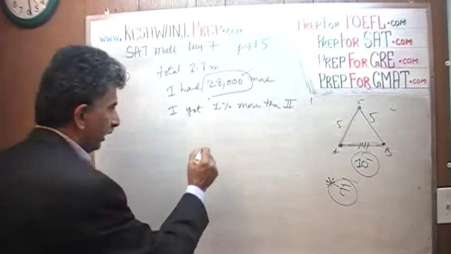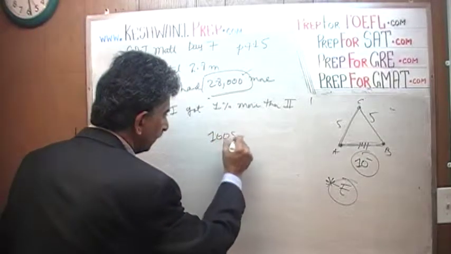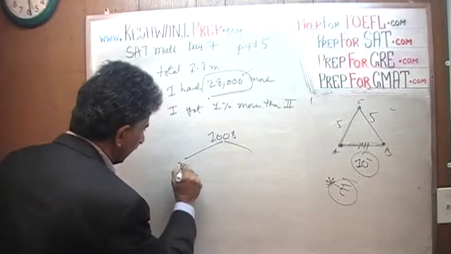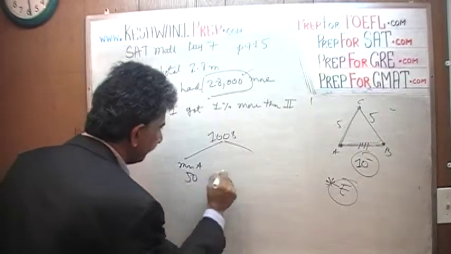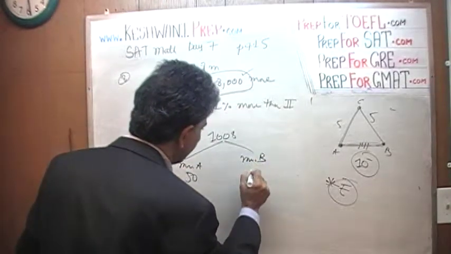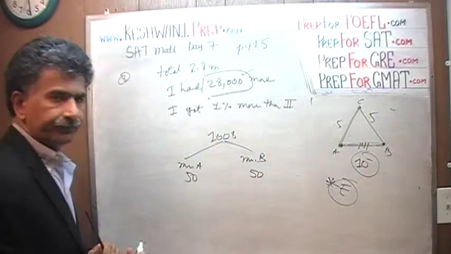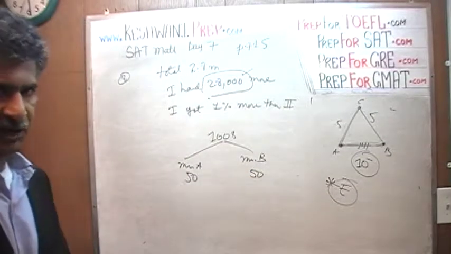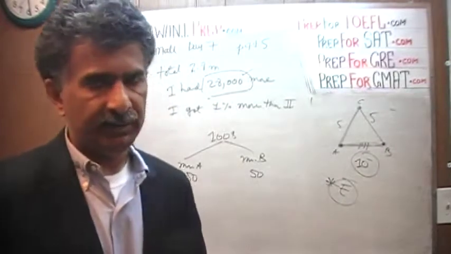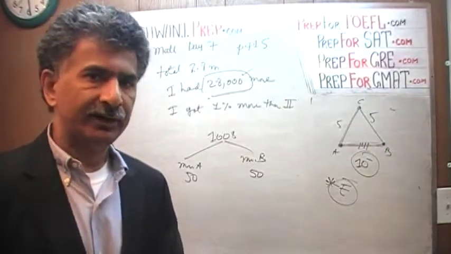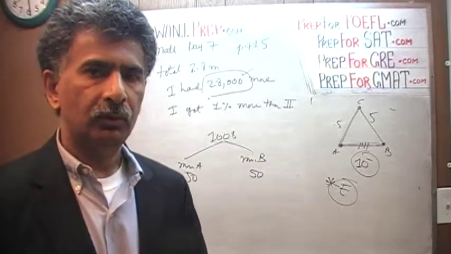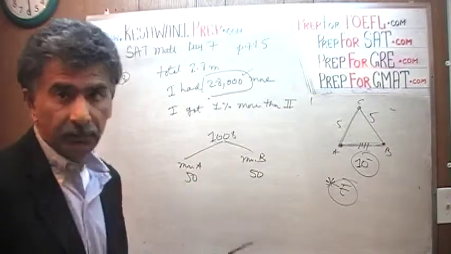Watch this. I have $100. I'm going to give $50 to Mr. A, and I'm going to give $50 to Mr. B. And then I changed my mind. I said to myself, that's not what I want to do. I want Mr. A to have $1 more than Mr. B, because it's 100, it's a percentage.